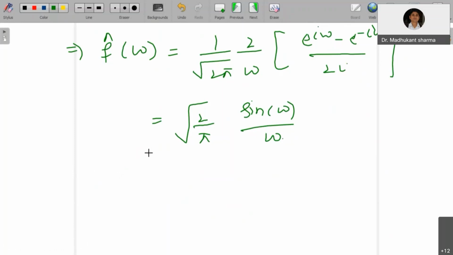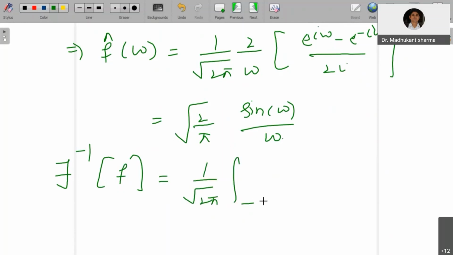Now, if you look at back, that's going to be the Fourier inverse of this f cap, which is 1 upon square root of 2 pi integration minus infinity to infinity f cap of w e to the power iwx dw. So substitute this here, and you will have the value of this is nothing but f.